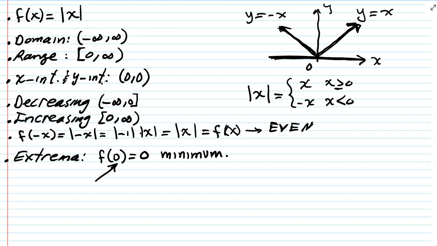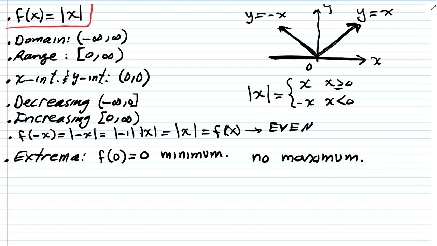Again, the x value is where the minimum occurs. Just happens to be 0 again. And this one has no max, right? No maximum. Because again, the arrows go up forever, indefinitely. Therefore, there is no maximum for this one. And there you have it. That handles the absolute value function.